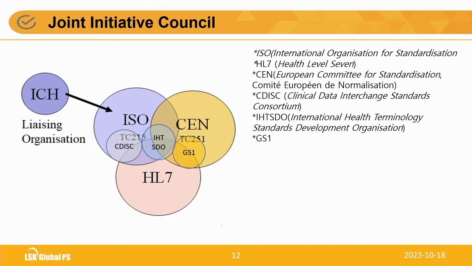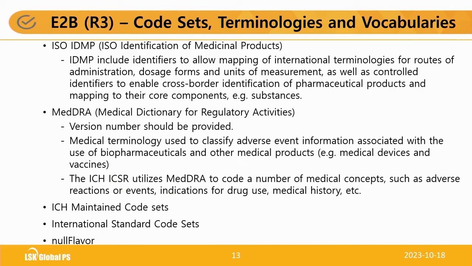I mentioned SDOs earlier: ISO, Health Level 7, the International Health Terminology Standards Development Organisation, GS1, CEN, and CDISC are some organizations that work together for standardization.